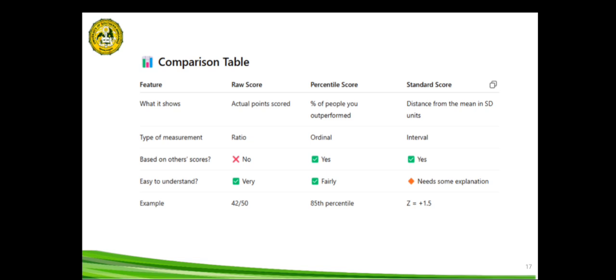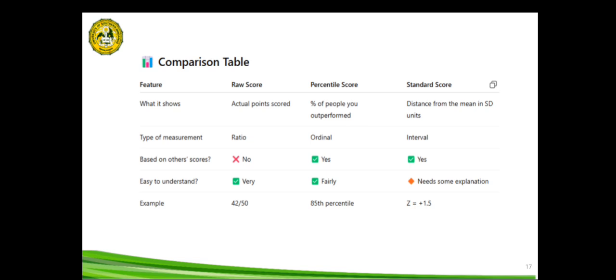And based on other scores, the raw score is not based on other scores. The percentile score, yes, it is based on other scores. And the standard score is based on other scores, like you compare it to the scores of your fellow students or peers. So the raw score is easy to understand.